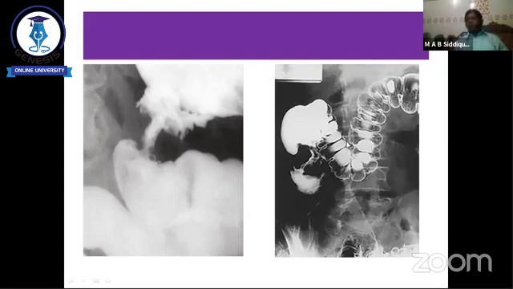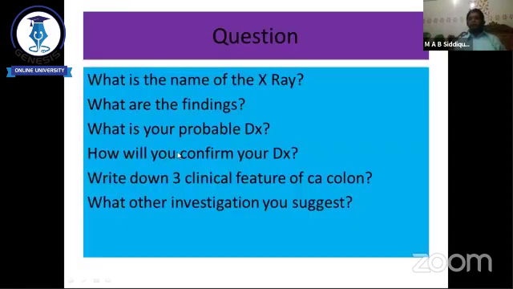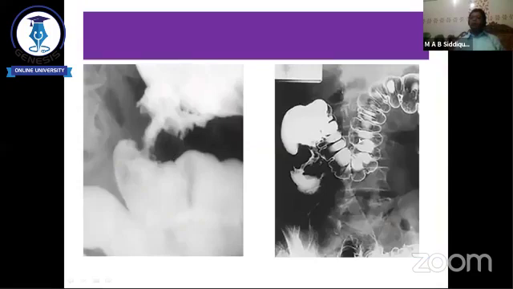By using this double contrast, adding air, the resolution is better. So this double contrast X-ray is more suitable for diagnosis than the single contrast X-ray. So what is the name of the X-ray? Barium enema. If the resolution is good, double contrast barium enema.